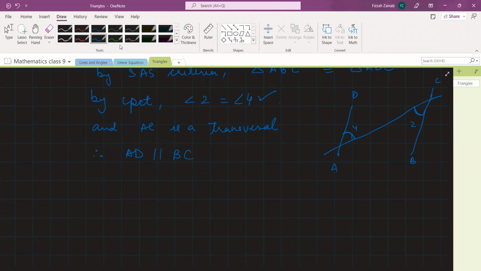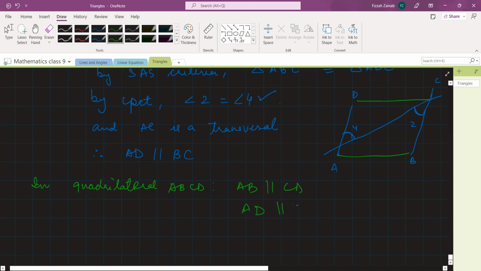Okay. Now you come back to the original quadrilateral. Now what is happening? So in quadrilateral ABCD, see, this is ABCD, right? So AB was already equal to CD, given. Now we have also proved that AD is parallel to BC.